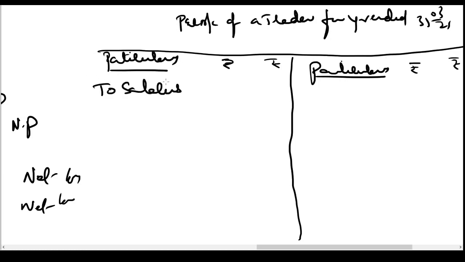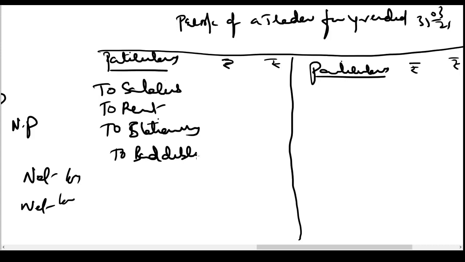To salaries, to rent, to stationery, to bad debts, to discounts allowed. I'm just posting the entries which we have already passed.